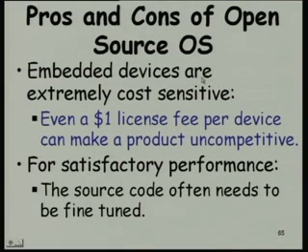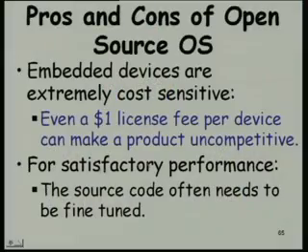See, one thing that goes in favor of open source operating system is that devices are extremely cost sensitive, because the total cost is, let us say, 500 rupees, and out of that if you pay some 20 rupees for operating system license, then another competitor might actually underprice you by using an open source operating system. So, for commercial operating system paying a license fee, you will just try to use open source and reduce the cost, very competitive market.